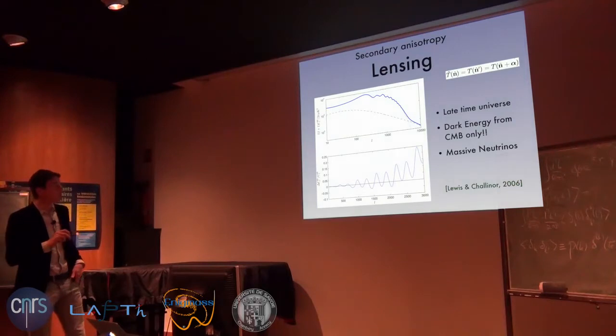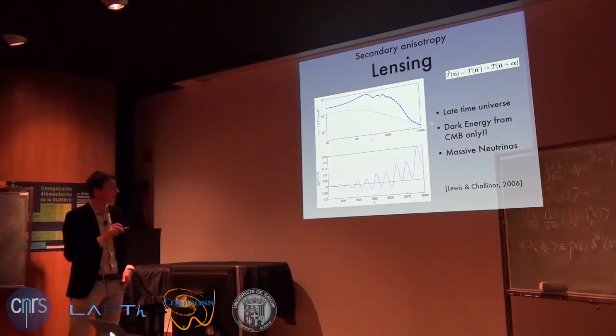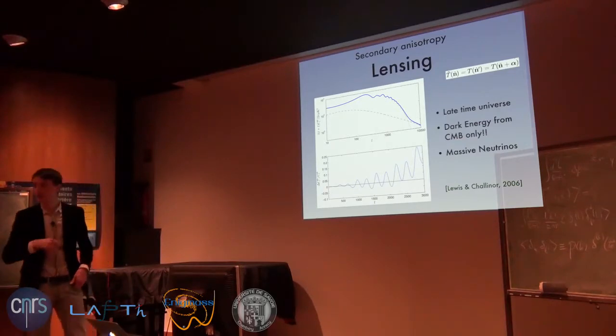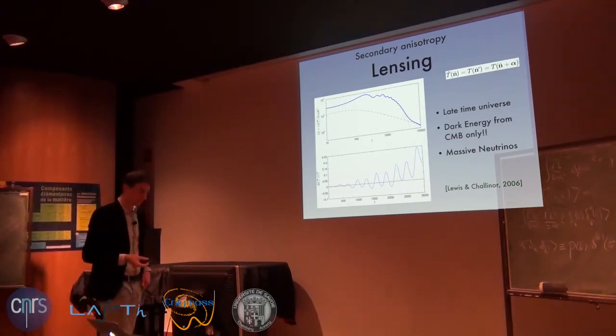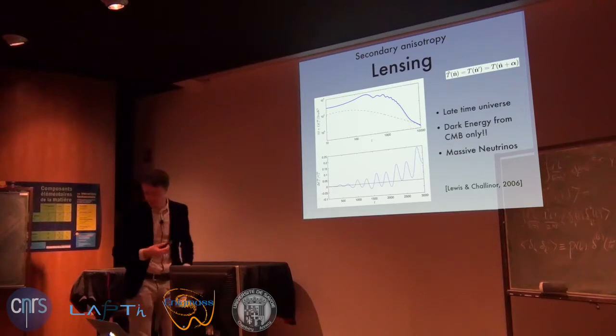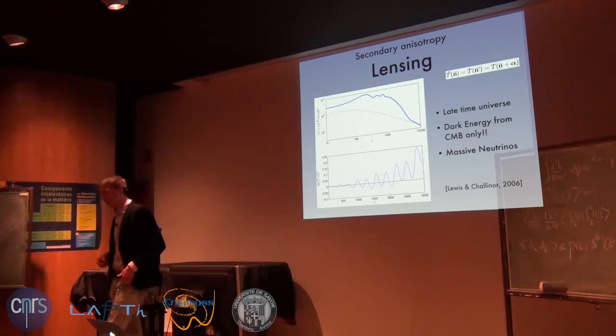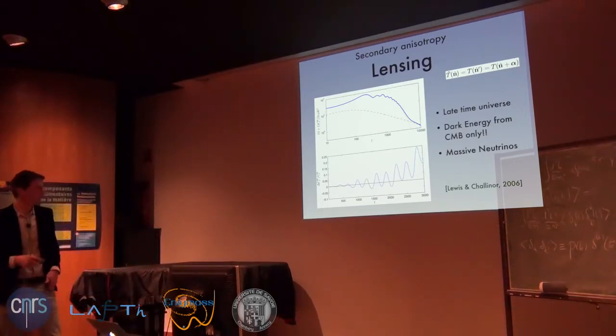And nowadays we have access to very accurate CMB measurements at these scales. They don't come from the Planck satellite, but they come from the ACT, the Atacama Cosmology Telescope, I think, I'm just guessing now. But I think I have the right experiment in mind. I think they were the first to actually fit CMB data only and get a detection of dark energy.